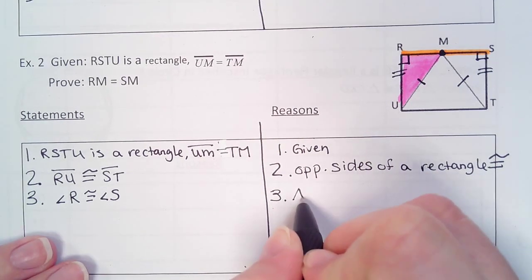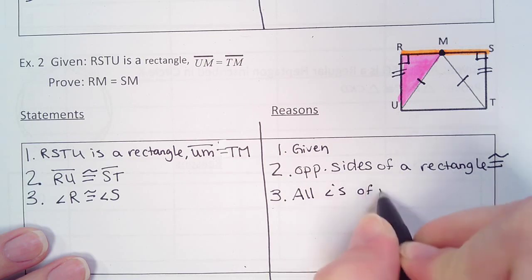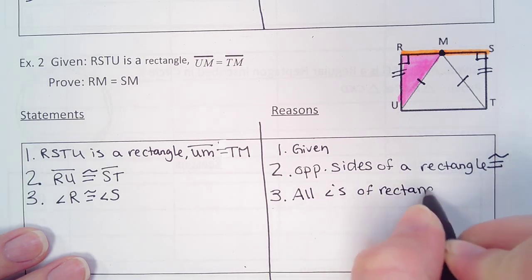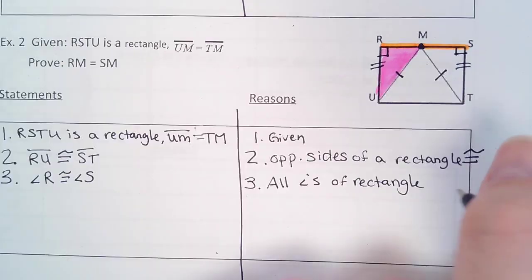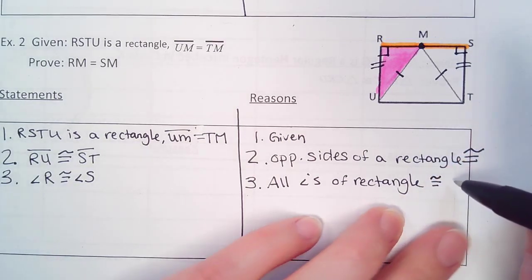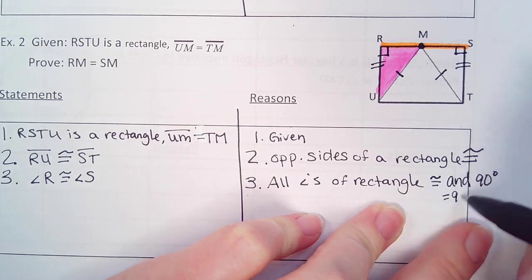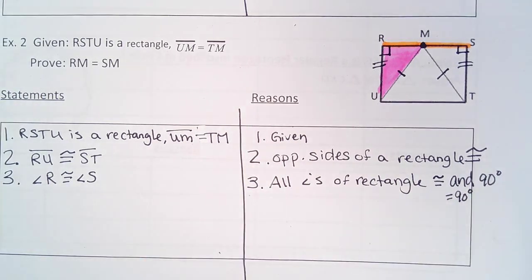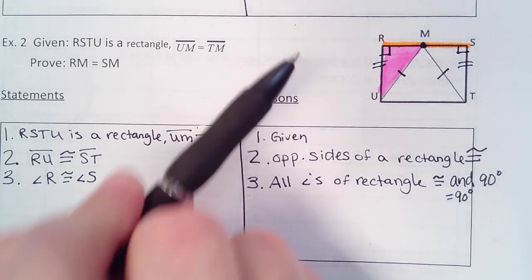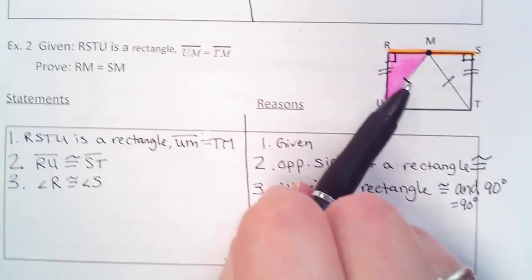So all angles of a rectangle are congruent and 90, or equal 90 degrees. Either of those is fine. So now I have a right angle, a leg, and a hypotenuse.